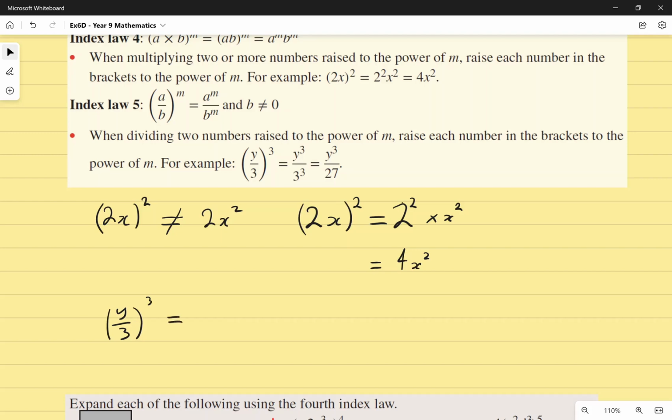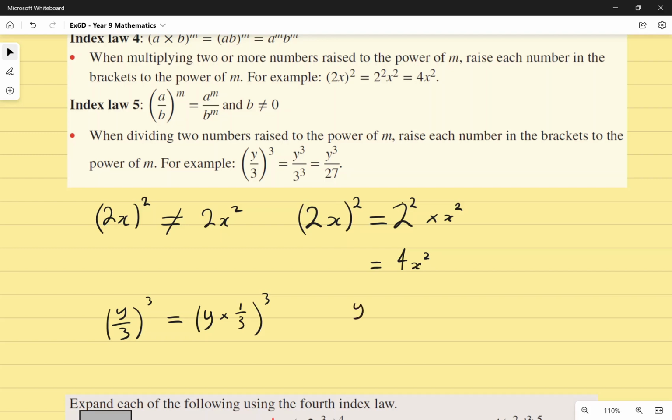We could rewrite this as y times 1 on 3, and looking at index law 4, we can see how we've made this jump from index law 4 to index law 5, because it's just the same. We're just cubing 1 on 3, so it's important that we cube both the denominator and the numerator. So that's one way of writing it.